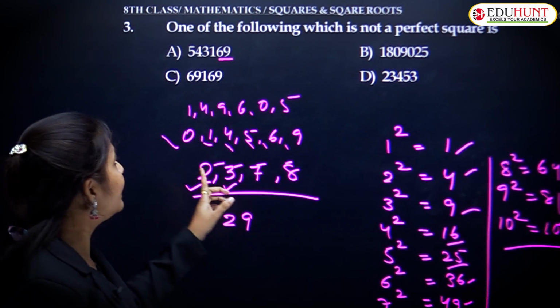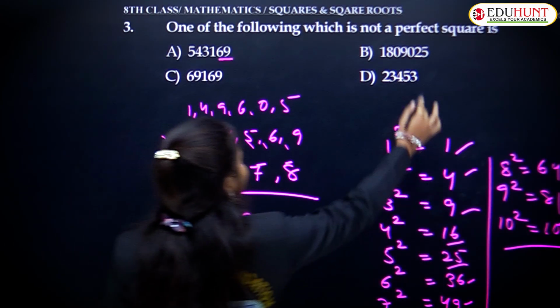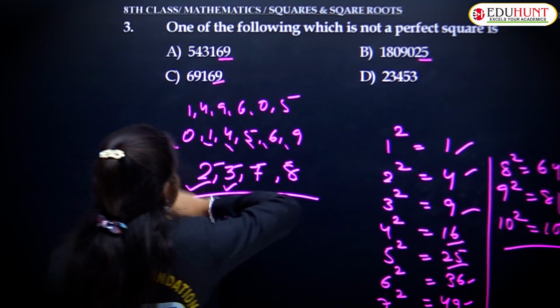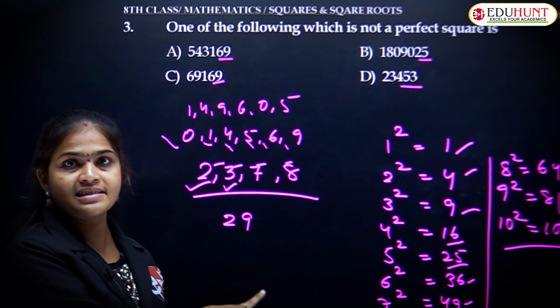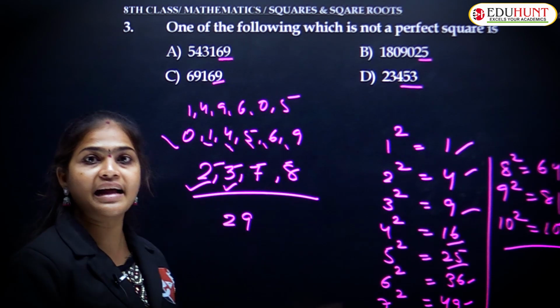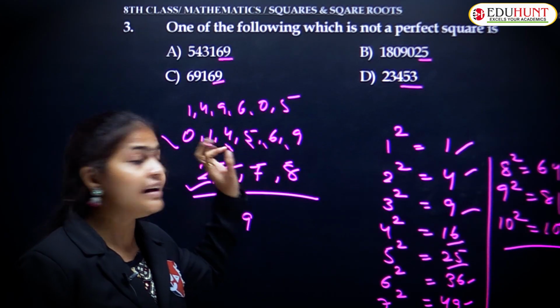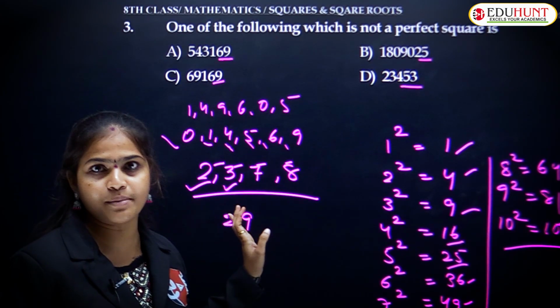Okay, but here this number is ending with 5, so there is a chance. Here this number is ending with 9, so there is a chance. And here this number is ending with 3. So as per this question, one of the options has a digit which is not there in the list of perfect square numbers.